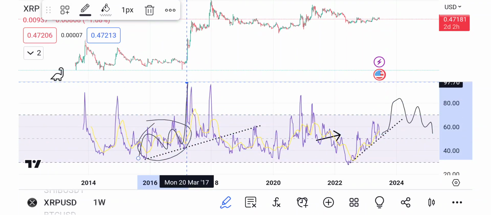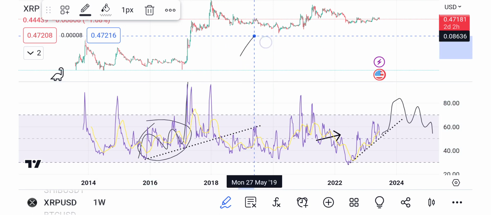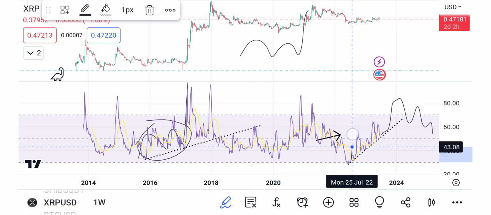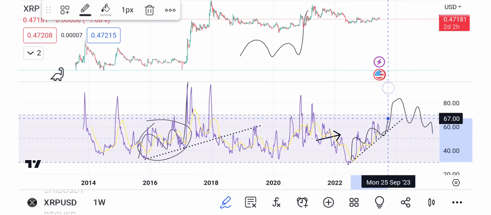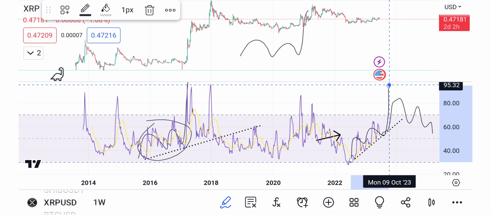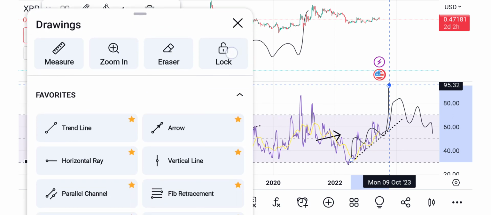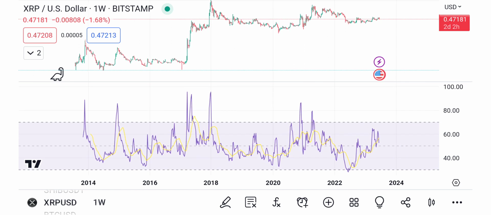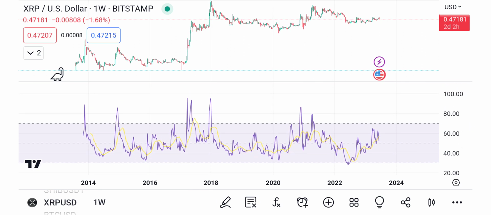So it was like an M, right? An M with a spike, and that's really what happened the first time.